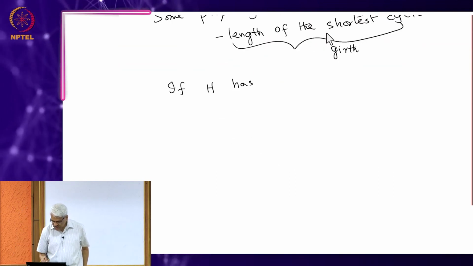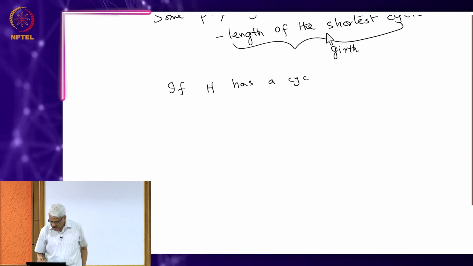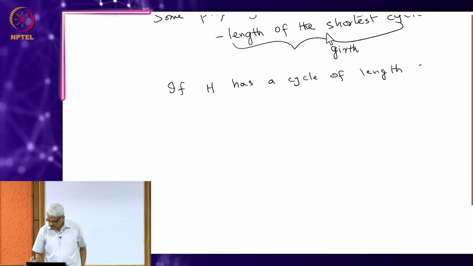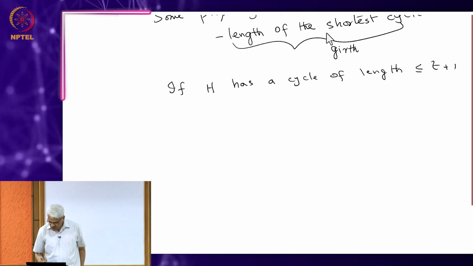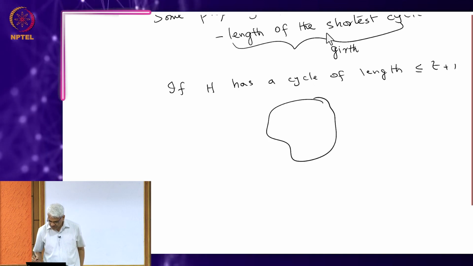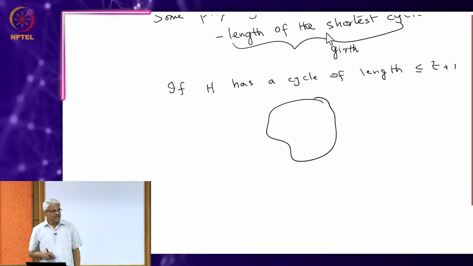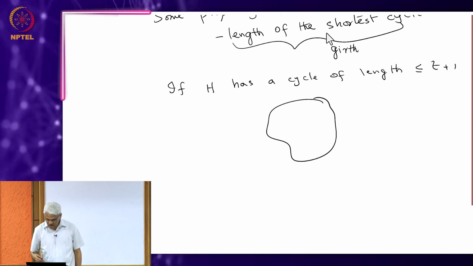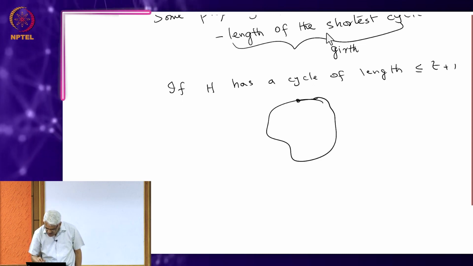If H has a cycle of length less than or equal to t plus 1, let us look at this cycle, and let's look at the last edge added in H in this cycle. So maybe this was the edge E which was added.